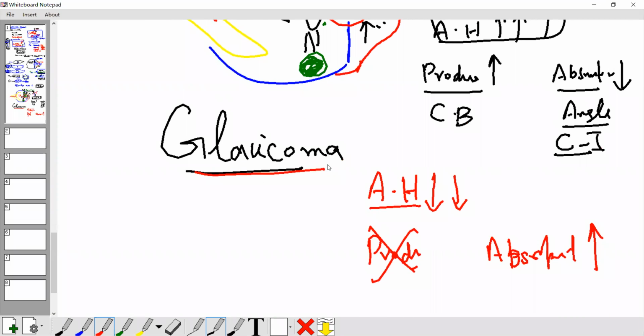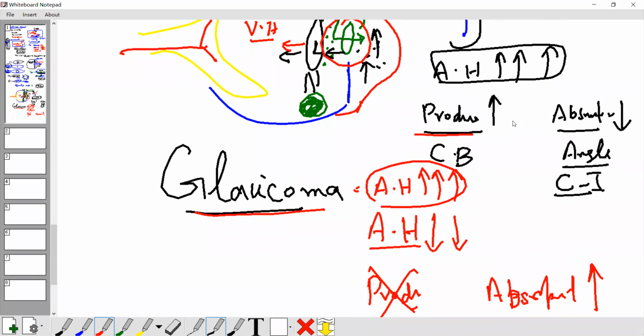Understand? What is glaucoma? Too much aqueous humor. Why is aqueous humor very high? Aqueous humor production is high and absorption is little, so automatically this water becomes very high.